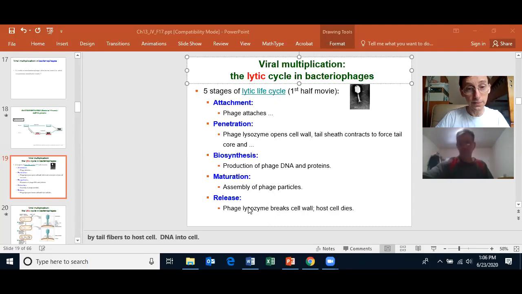How the viruses do that is they secrete the enzyme lysozyme, and that destroys the cell wall, and fluid moves into the cell, and then the host cell ruptures, the cell membrane expands, and then it just ruptures, and that releases the new viruses.